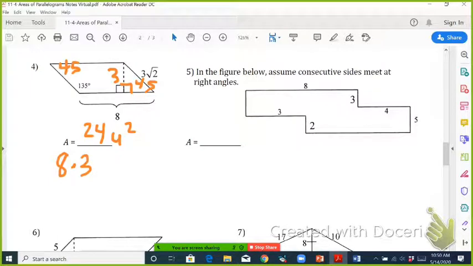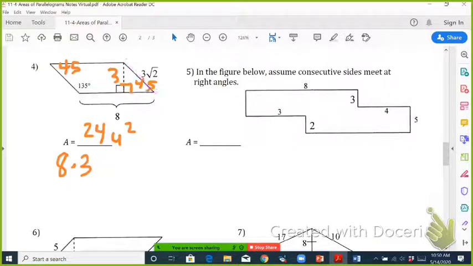Okay, number 4. You have to be careful with these, because you're given both sides, so like 8 or 3 root 2 could be the base. Now, I decided to let 8 be the base because I can use this side and create a right triangle to find the height is 3.